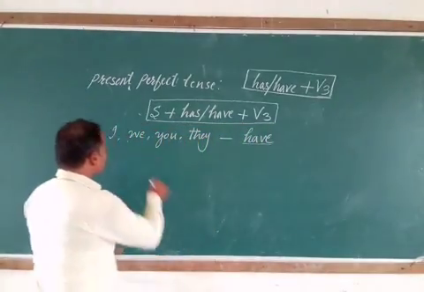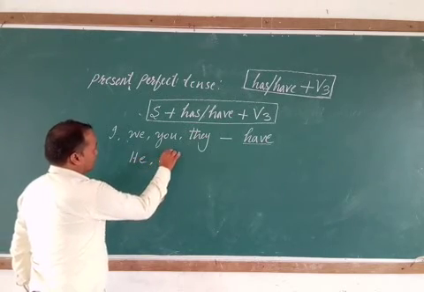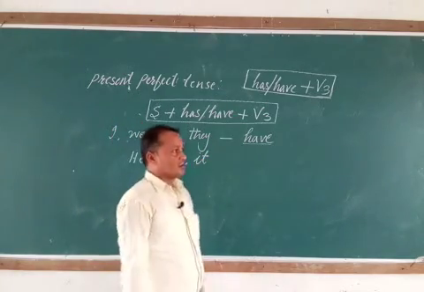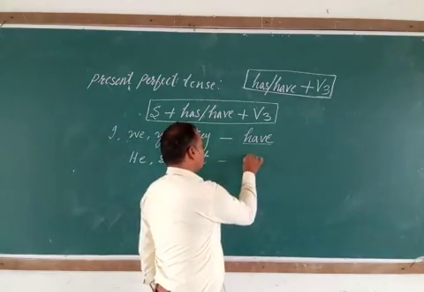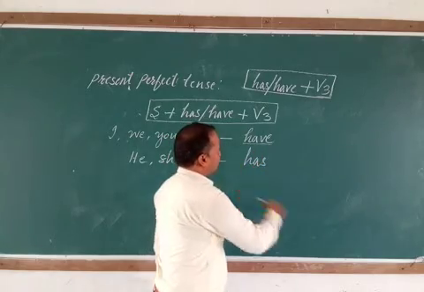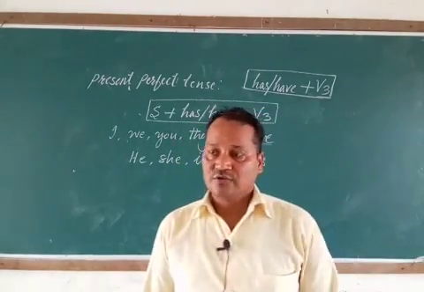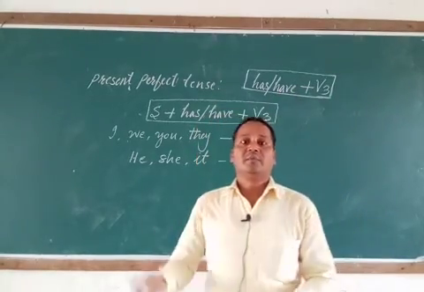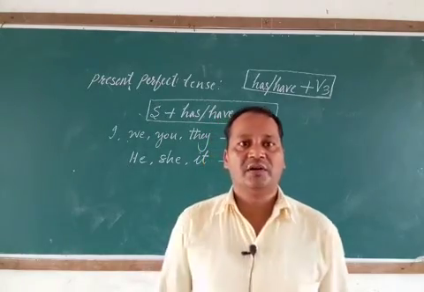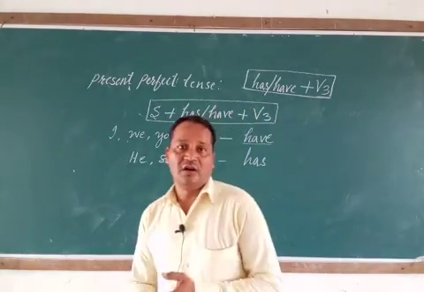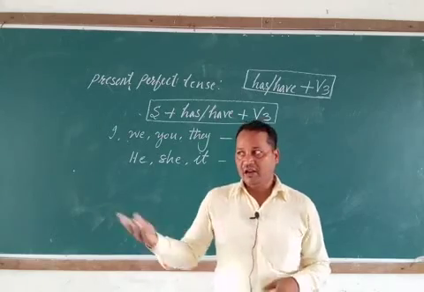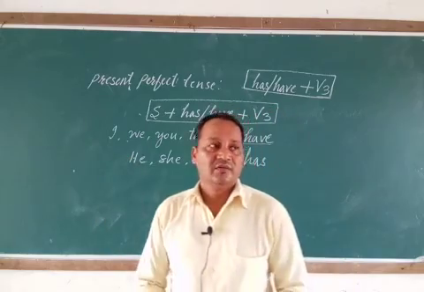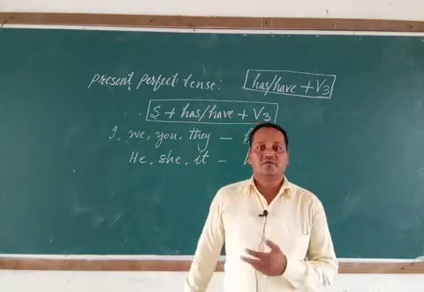And if the subject is he, she, it, or any singular subject, then we will use has. That is the difference between has and have. So with I, you, we, they, and plural subjects, we will use have. And with singular subjects like he, she, it, or any name like Ram, Savita, Rehana, we will use has.